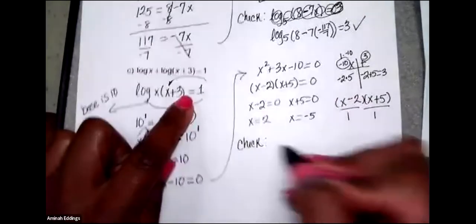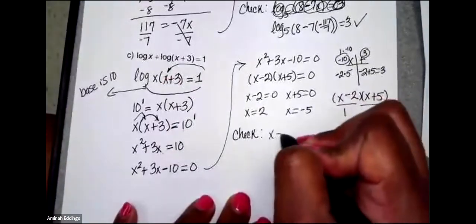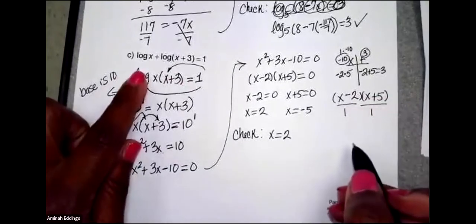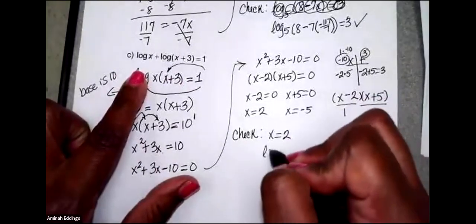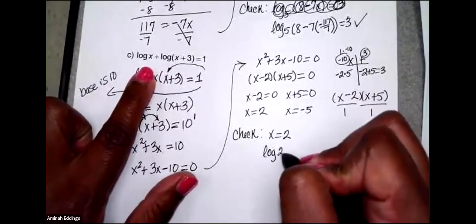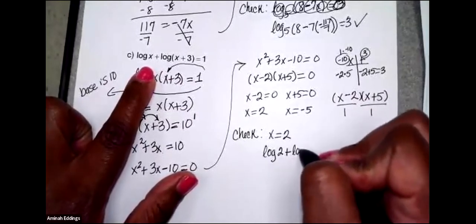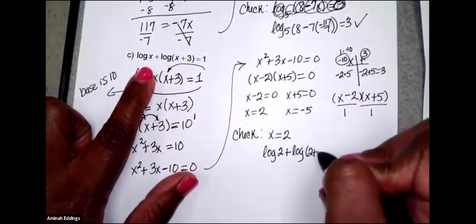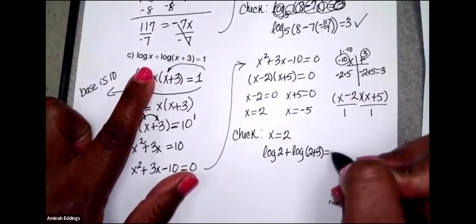So let's start by checking x equals 2. So when I plug back in, I'm going to get log of 2 plus log of 2 plus 3 should equal 1.